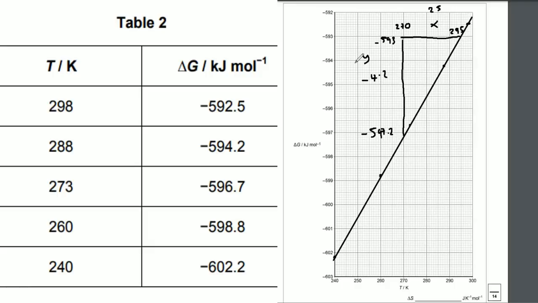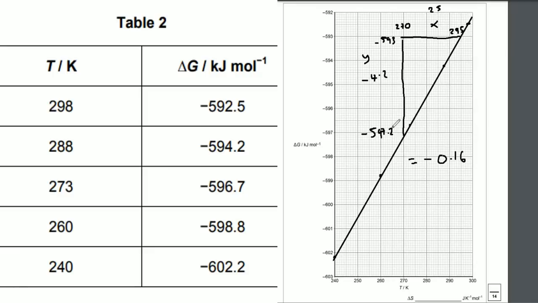So I want to put in minus 597.2 minus 593, and I get 4.2. Whether it's minus 4.2 or just 4.2 doesn't matter, because we're looking at the difference in y over the difference in x. So 4.2 divided by 25, and I get 0.168.